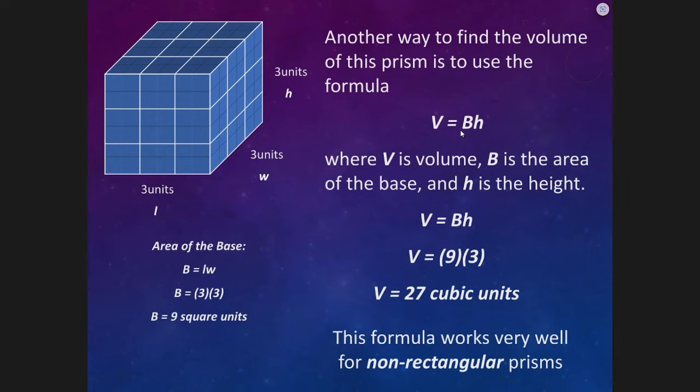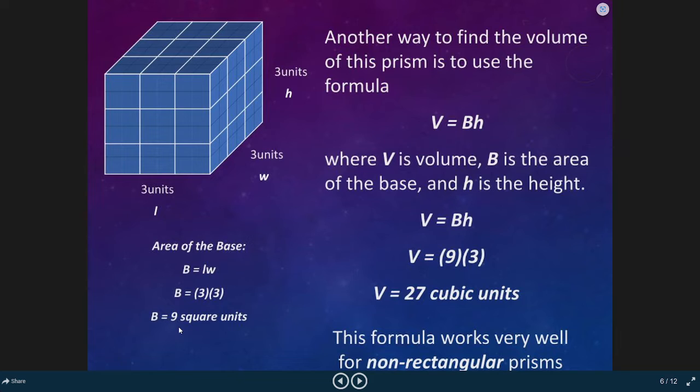Instead of writing length times width times height, you just write B. B means base, the area of the base. B is equal to length times width. B is equal to 3 times 3 equals 9.